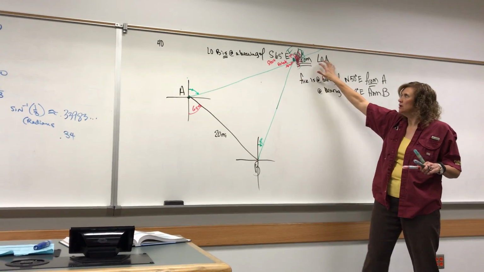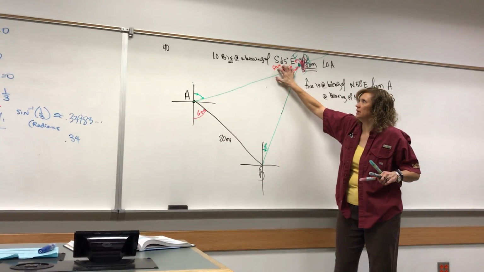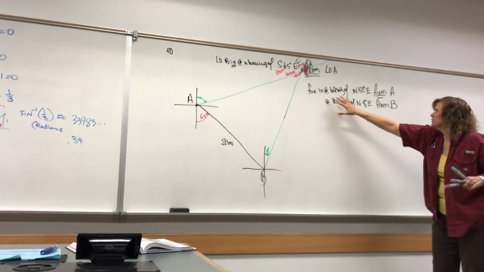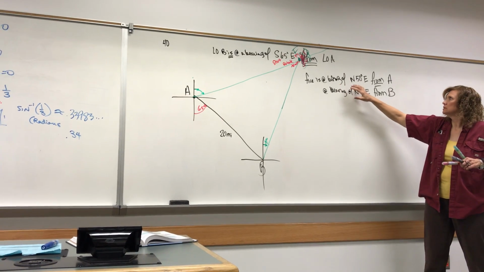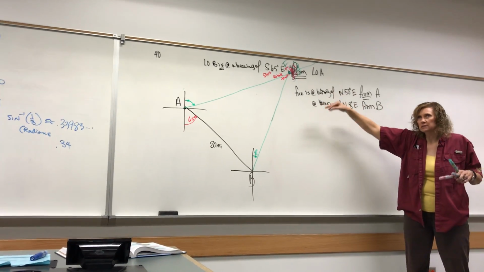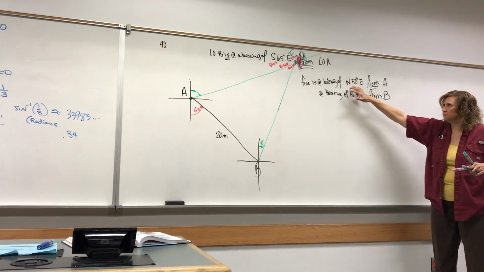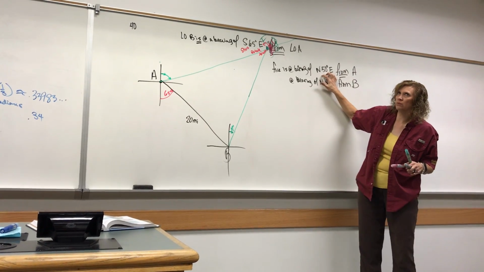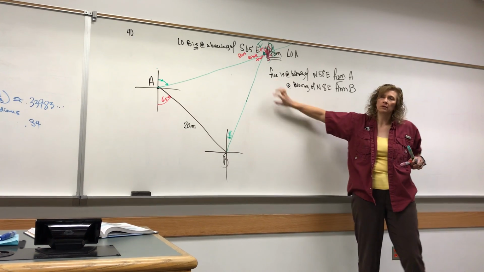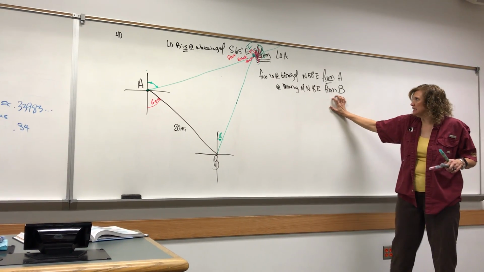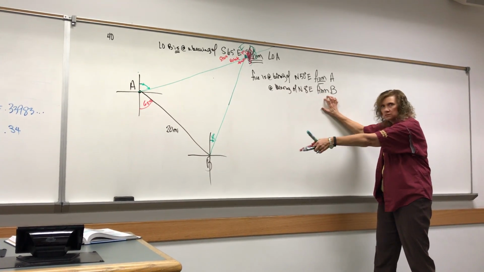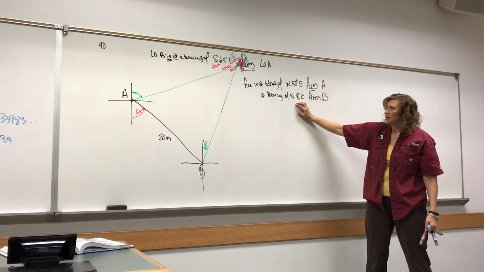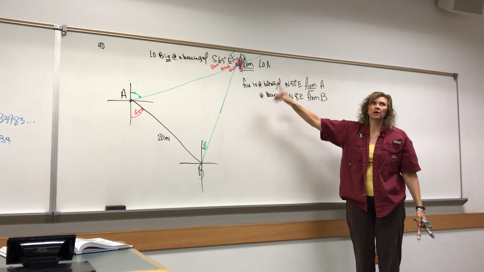From A, we're going to do something to find B. Here the fire is, a lot of times we like "is equals," but here we want to say from A, we're going to go this bearing, and when we do that, we can locate the fire. Same thing, from B, which is not A. B is in a different spot. From B, we're going to do that type of angle measurement to locate our fire.